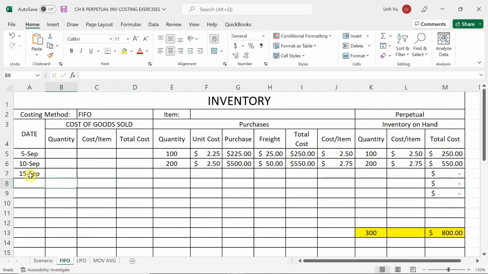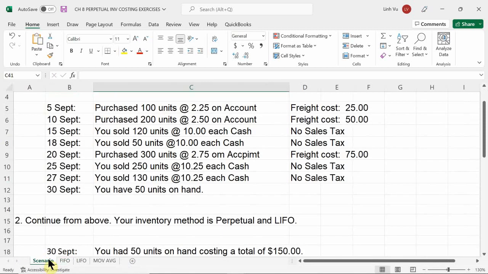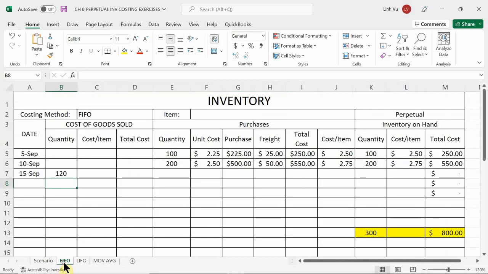So, using the rules of FIFO, which batch am I going to sell from first? The first 100.